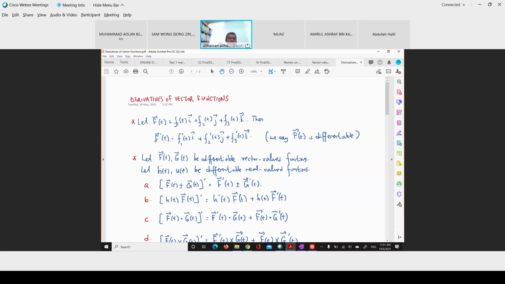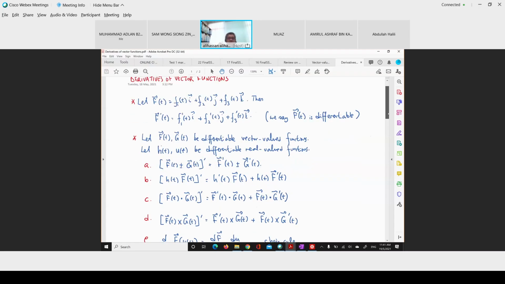Then the vector function F is also differentiable, and its derivative is equal to f1'(t) i plus f2'(t) j plus f3'(t) k. So we say that if the components are all differentiable, then the vector function is also said to be differentiable.